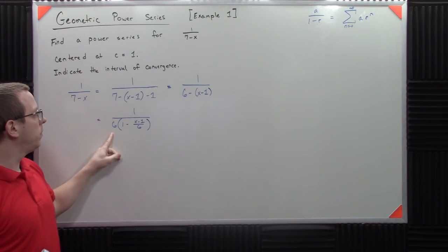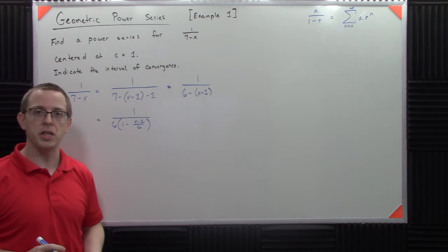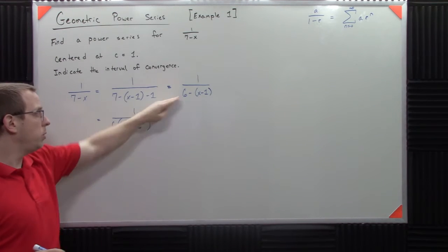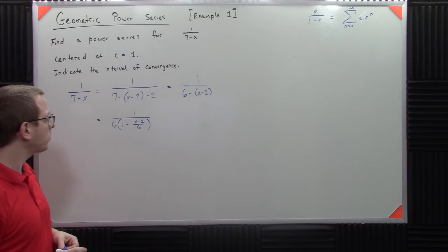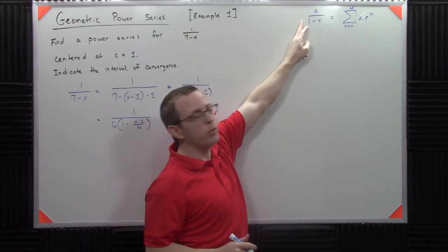So now if I pull out a 6, I have 1 minus x minus 1 over 6. And if you multiply that through, you'd see you'd get the same thing here. But again, there's no factored number here.